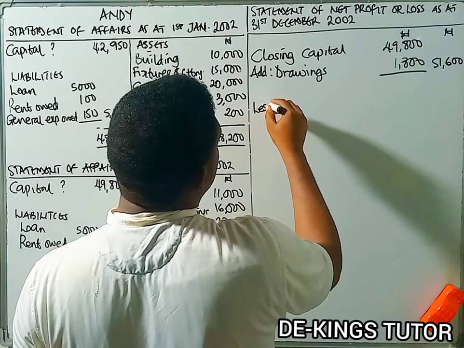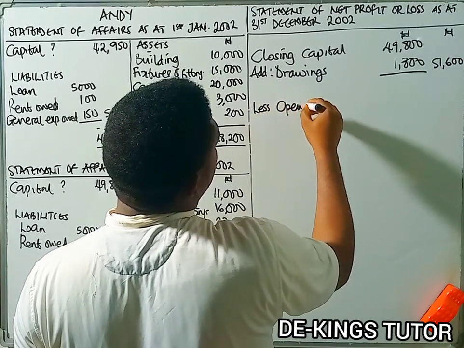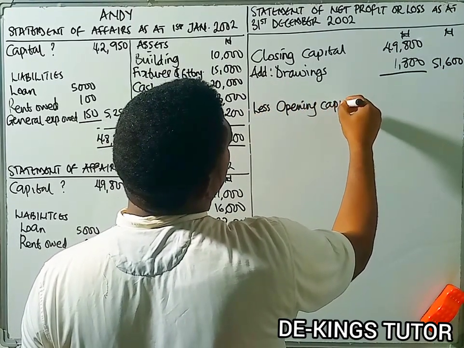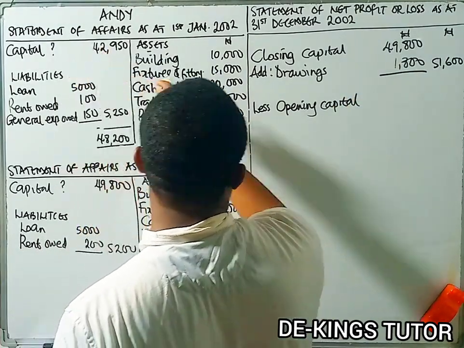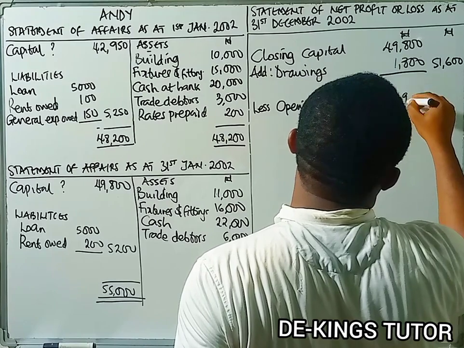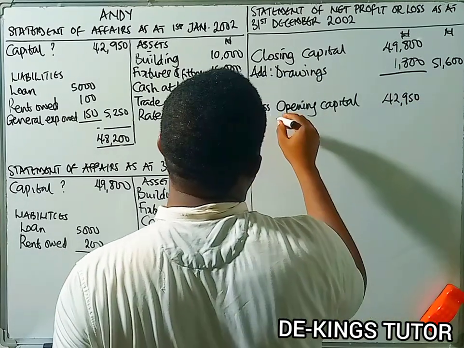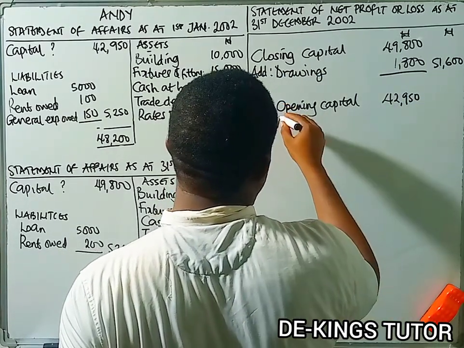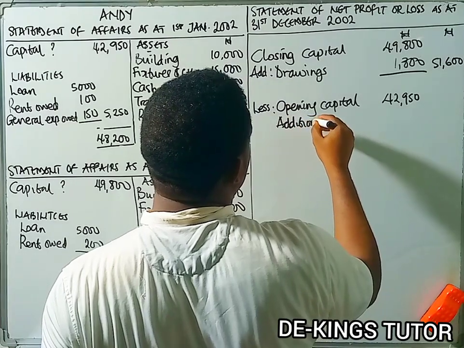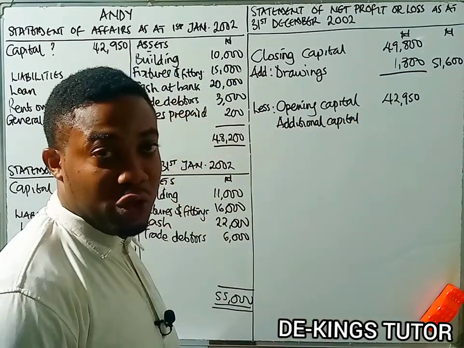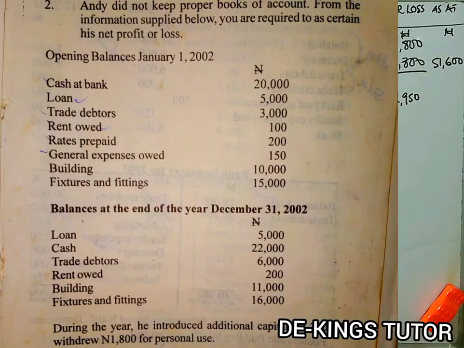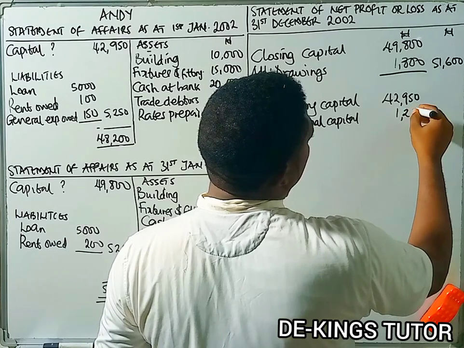So we'll now less the opening capital. Now opening capital is this one at the beginning. So we'll have 42,950. Now we'll add this opening capital with additional capital, in case he had additional capital that was put into the business. Okay, and in the question they said he introduced additional capital of 1,200.